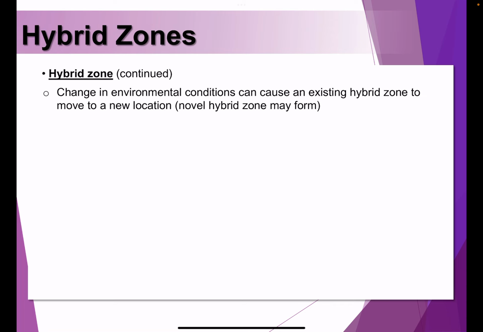So other facts about hybrid zones: any change in environmental conditions can cause an existing hybrid zone to move to a new location. So just because a hybrid zone is formed does not mean it is permanently there for years and years to come. They can actually be moved when certain events happen that change the environment, and novel hybrid zones may actually form due to those changes.